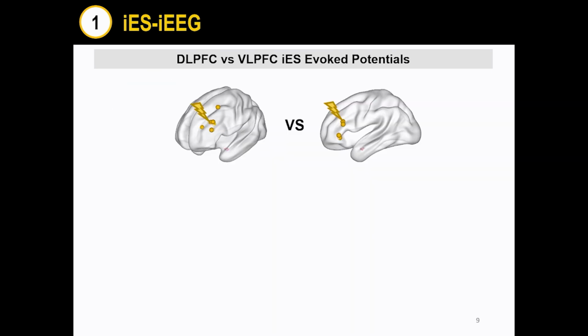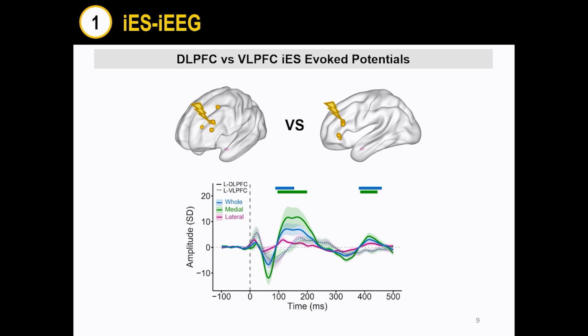In the second step, we directly compared the evoked potentials following DLPFC iES and VLPFC iES, as labeled with the solid line and dotted line in the charts.